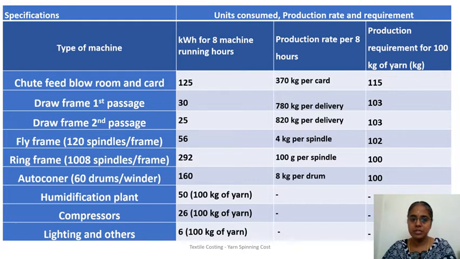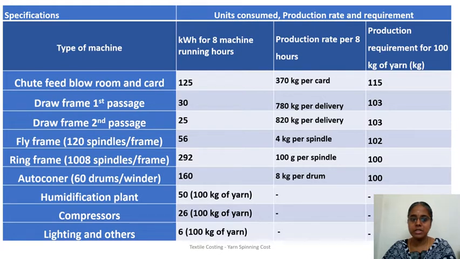If a machine runs for 8 hours, what are the units consumed? In a chute feed system with the blow room and card, in total it consumes 125 units if it runs for 8 hours. So one card with the total setup, if it runs for 8 hours, the units consumed is 125. Similarly, draw frame with one passage, 30 units.